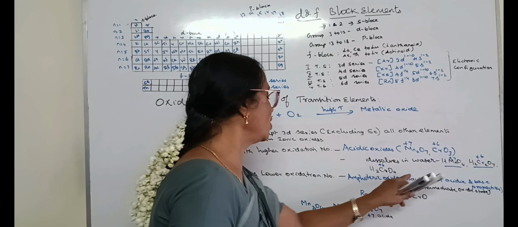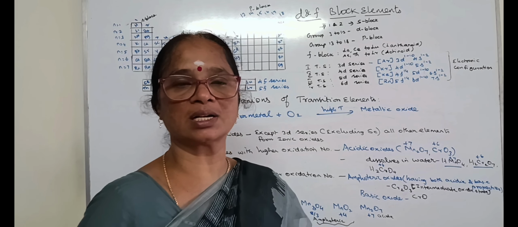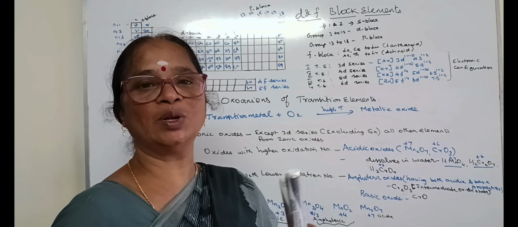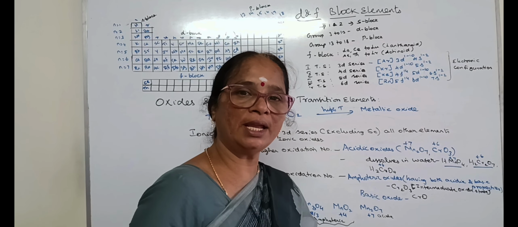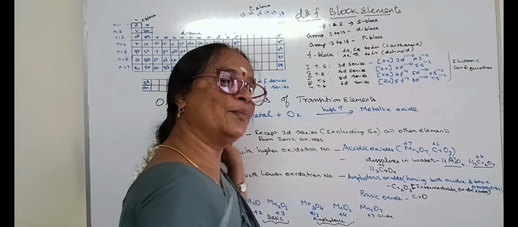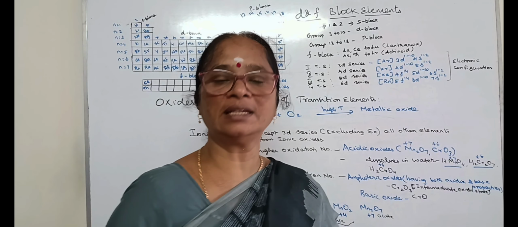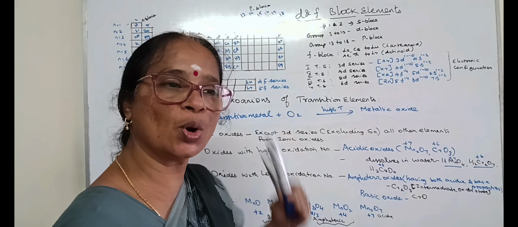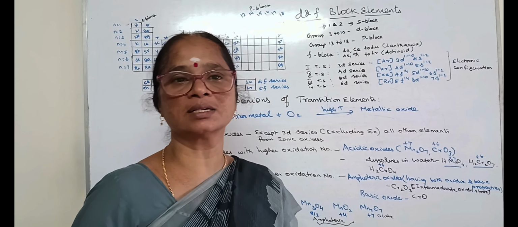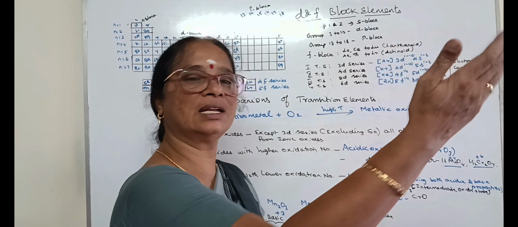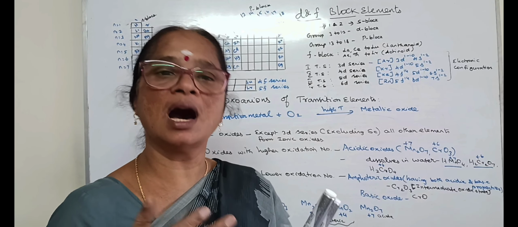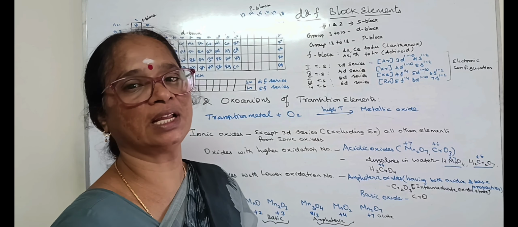In amphoteric or basic oxides, the metals are in their lower oxidation state. The variation from basic nature to acidic nature goes from lower to higher oxidation state, and in between, the oxides are mostly amphoteric in nature.